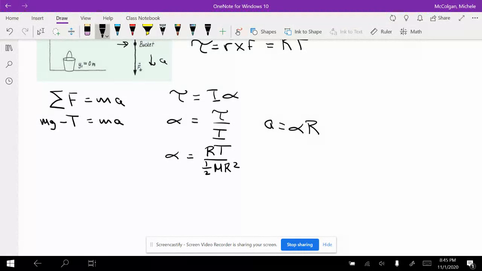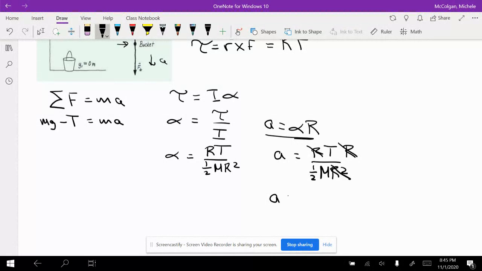Now I can plug this into a, since a is equal to alpha R. So a is equal to R times T over 1/2 capital M R squared, and then times that R. I have an R and an R on the top, and I can cancel them with my R squared on the bottom.